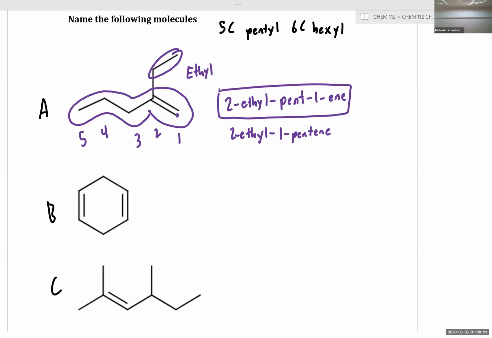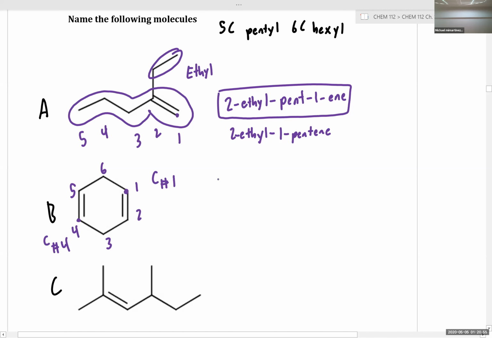So in terms of numbering for this diene, we start at this carbon, and when you're counting, you have to count through your alkene from one side of the molecule to another. So we can count clockwise through our alkene or counterclockwise through our alkene. In either case, the start of our alkene would be at carbon number 1 and carbon number 4.